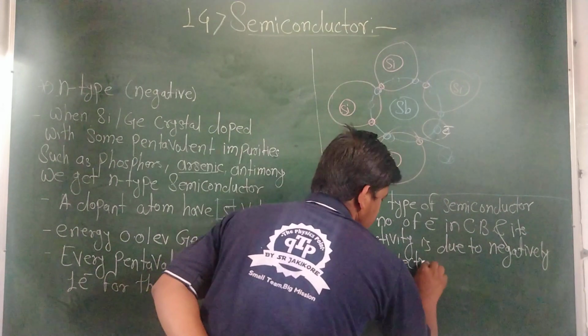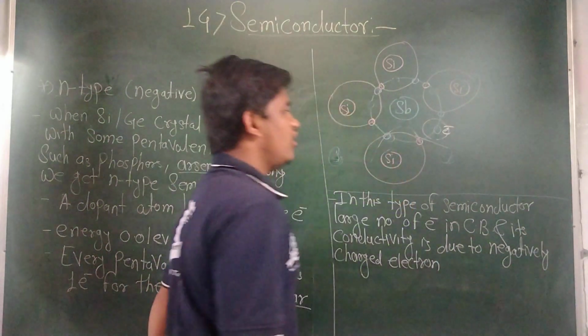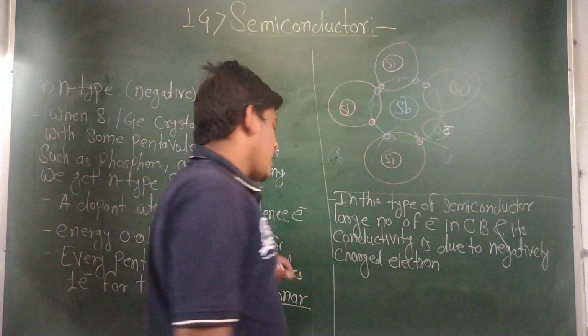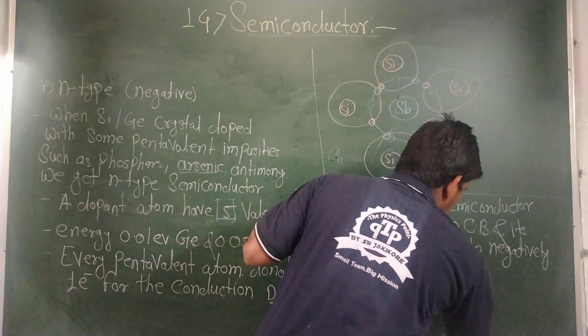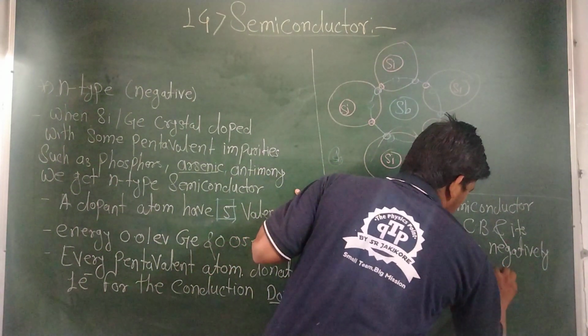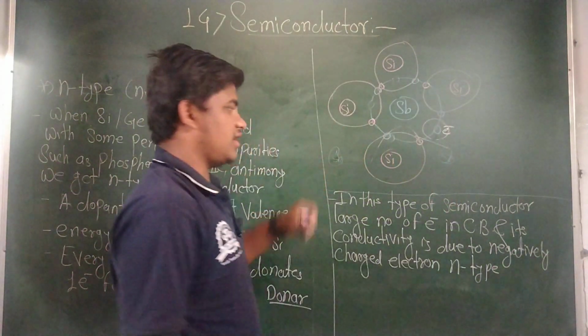Then we call this type of semiconductor an n type semiconductor. For this reason we call it an n type semiconductor.